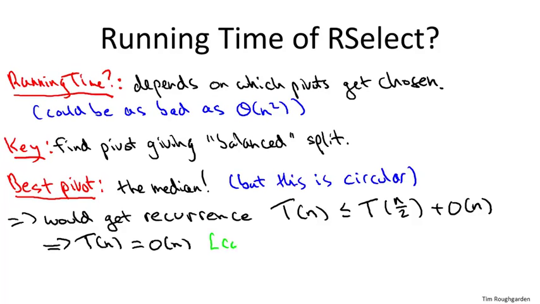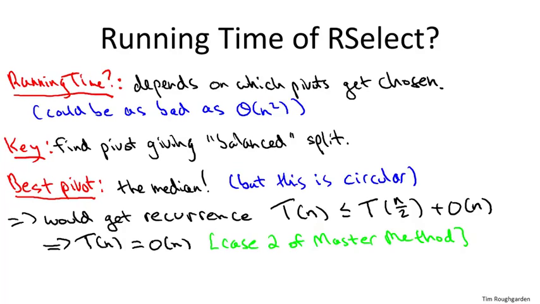This is totally ready to get plugged into the master method. It winds up being case 2 of the master method, and indeed we get exactly what we wanted, linear time. To reiterate, this is not interesting in its own right. This is just for intuition. This was a sanity check that at least for a best case choice of pivots, we'd get what we want, a linear time algorithm, and we do.